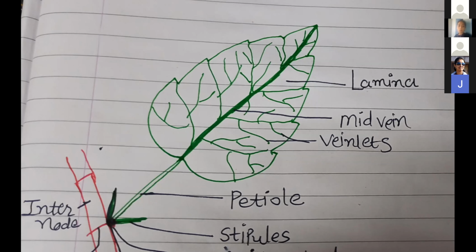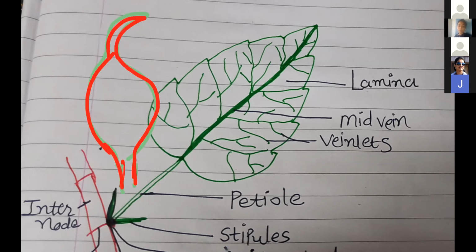Next, the shapes of leaves are different, right? If you have observed the peepal leaf, it has a shape like this on the top, different in color. Next, the banyan leaf has an oblong shape.